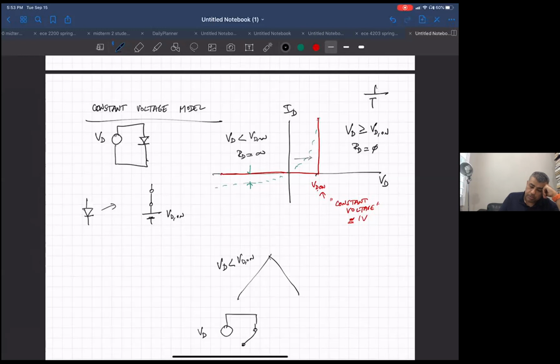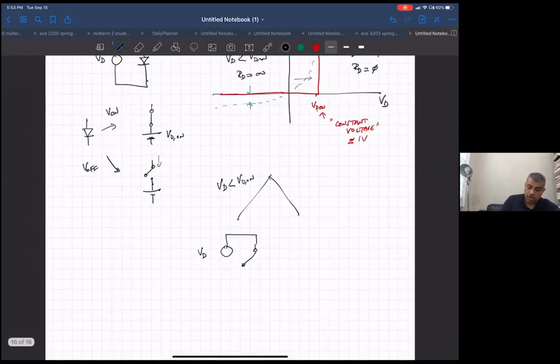Okay, so we're putting a battery of value VD on in series with the diode when it's on, and when it's off, the battery is still there, but it really doesn't matter because the switch is still off, and anything looking down on this thing doesn't really see it. So V off, V on.